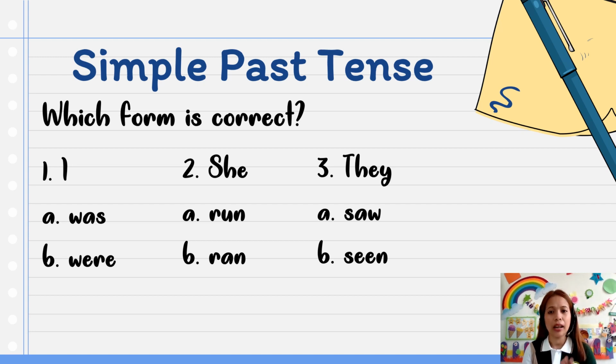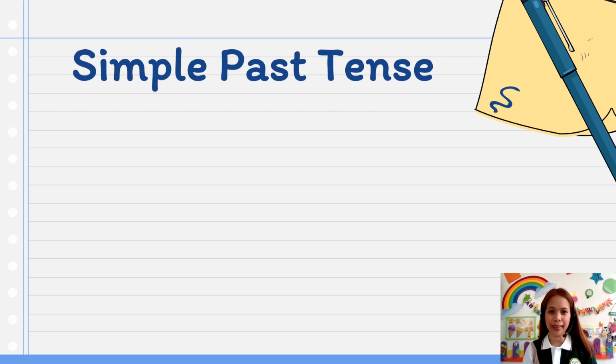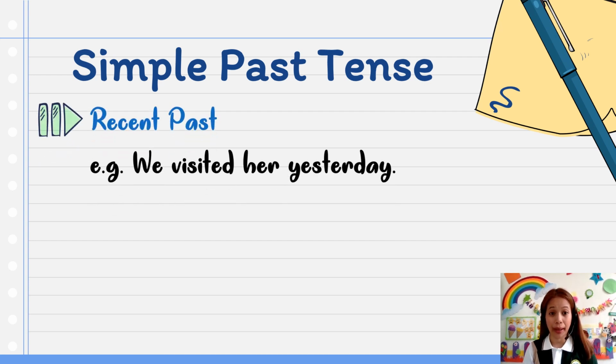Alright, grade 6. To fully understand the use of simple past tense, let's go to the next page. Simple past tense is used to talk about a completed action in a time before now. We have the recent past.